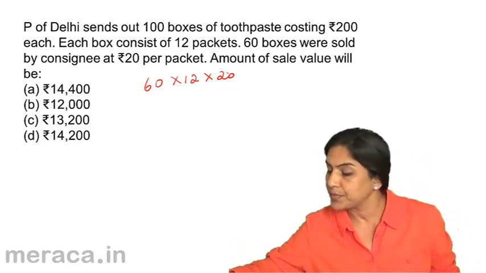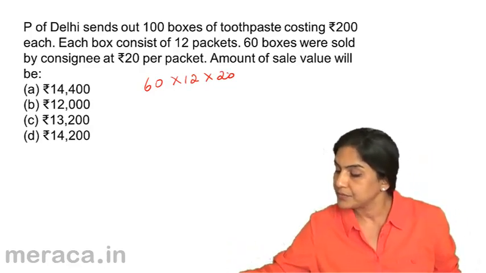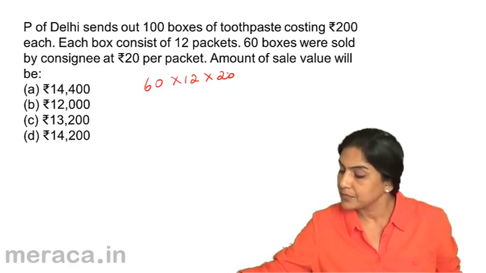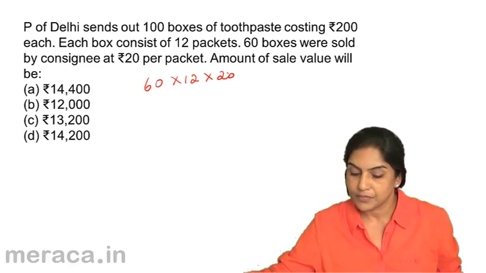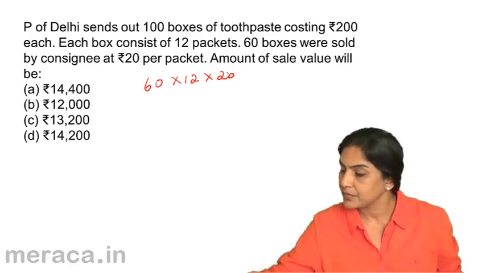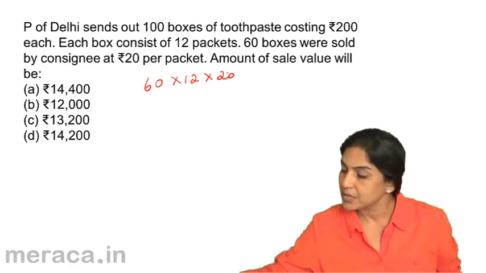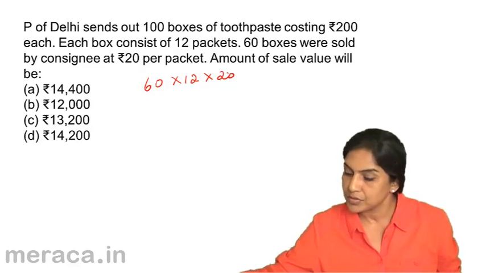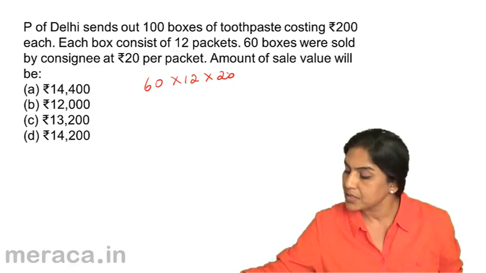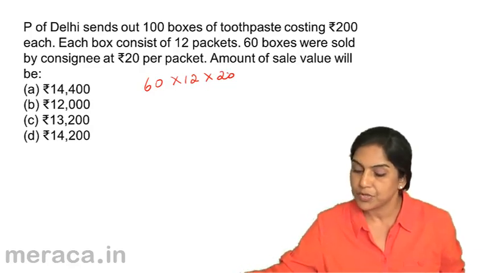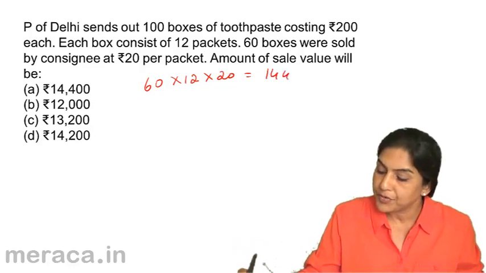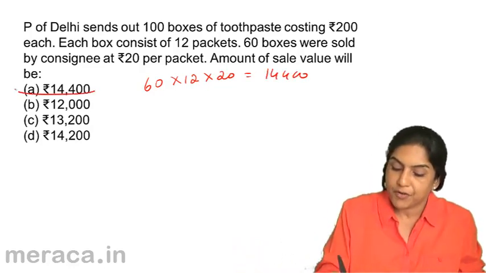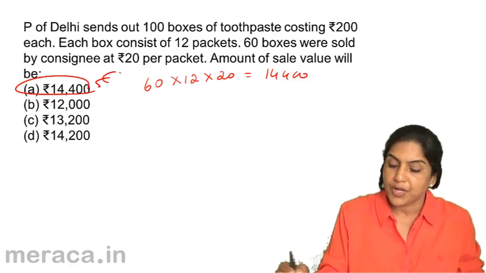How much would this be? 60 boxes, 12 packets, 20 per packet, and 14,400 is equal to 14,400. This should be 14,400. Therefore, the correct answer is 14,400.